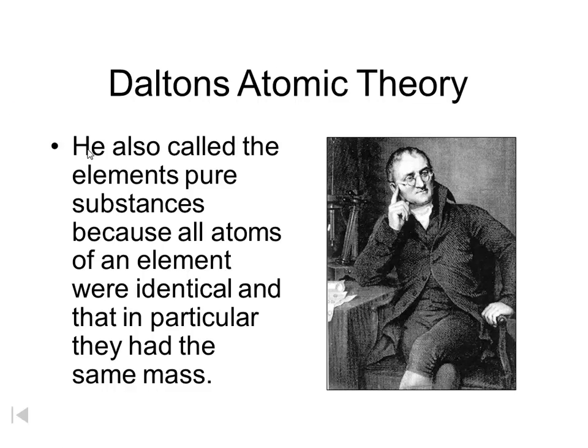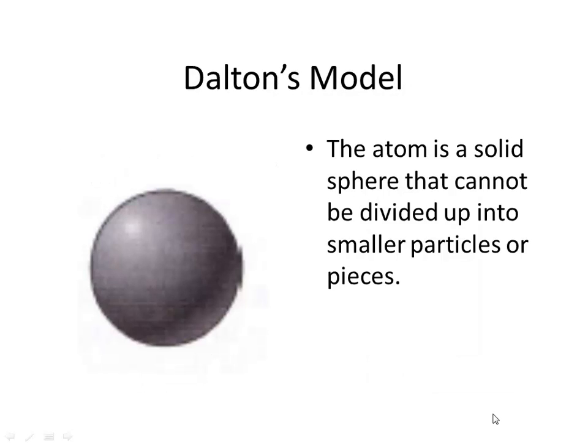Dalton's model of the atom was just a solid sphere, and it couldn't be divided into smaller pieces in a chemical reaction. In a chemical reaction, you can't break things down any further than the atom.